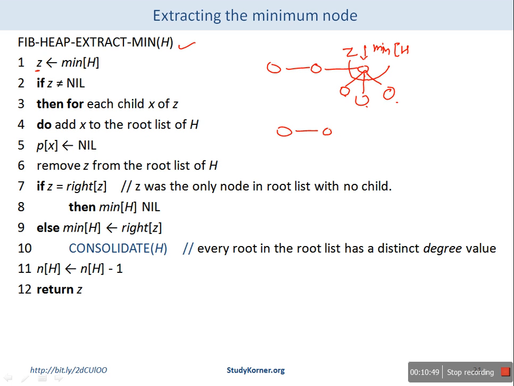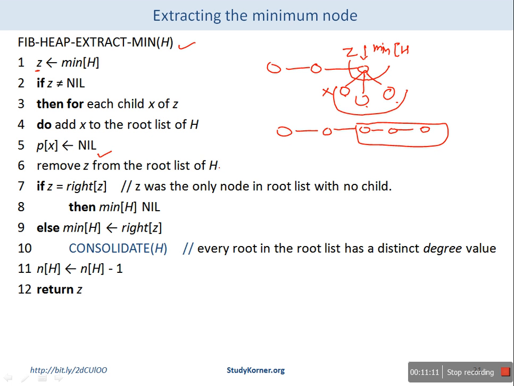So the root list will be updated like this. We add each x into the root list, so this child list is added to the root list. Then make the parent of each x nil, because it is in the root list now.